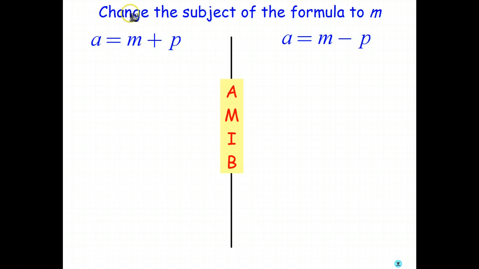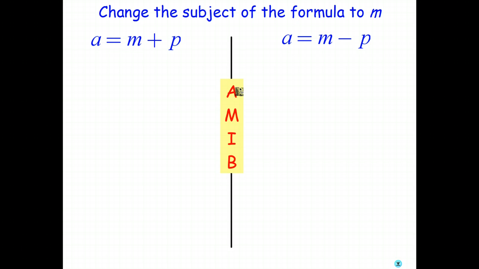So the instruction here is change the subject of the formula to m, and I like to give my students this little table here. Order of operations says you do brackets first, then you do indices and powers, then you do multiplication and division, and finally addition and subtraction.